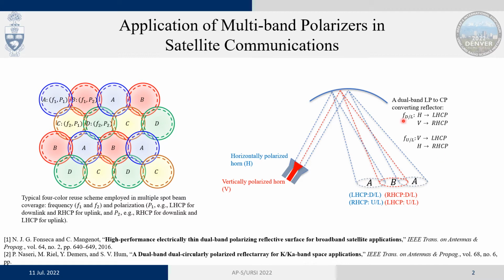For example, in the downlink, if the horizontally directed linear polarization is converted to LHCP, it should be converted to RHCP in the uplink. And the opposite situation should happen for the vertically aligned linear polarization.